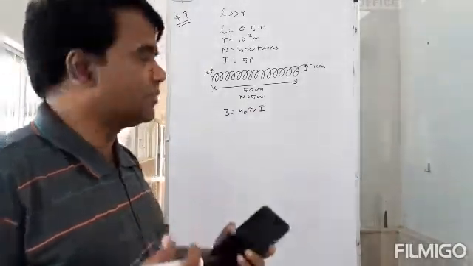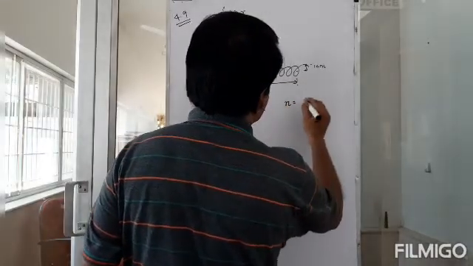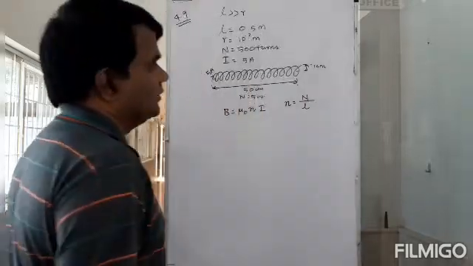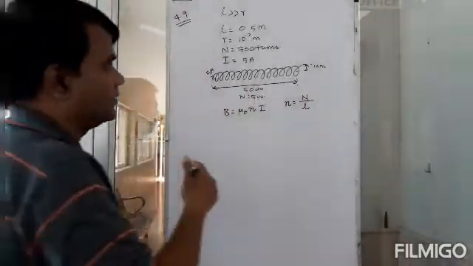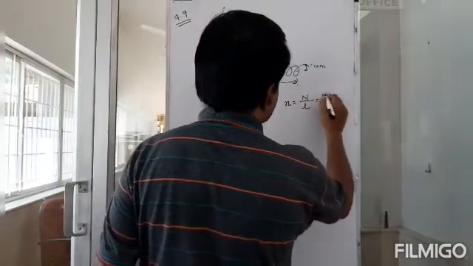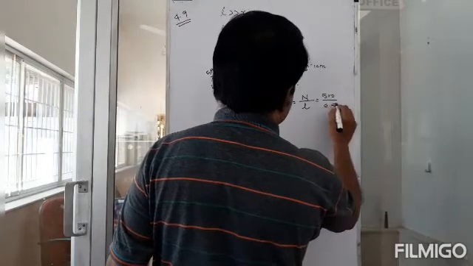So what is the number of turns per unit length? So n can be given as the total number of turns per length. That is the number of turns per unit length. The total number of turns here is 500, and the length is 0.5 meters.